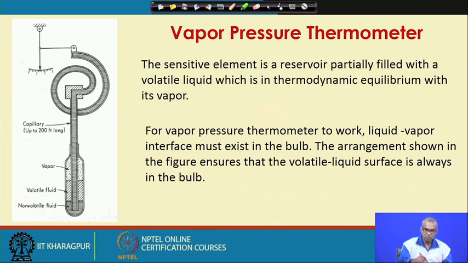The arrangement shown in the figure ensures that the volatile liquid surface is always in the bulb. You note that we take a non-volatile fluid here and then we take a volatile fluid. So, you have this interface between volatile liquid and the vapor.